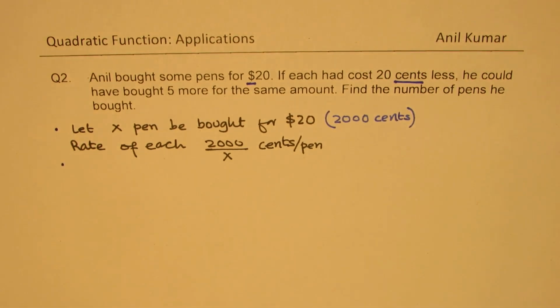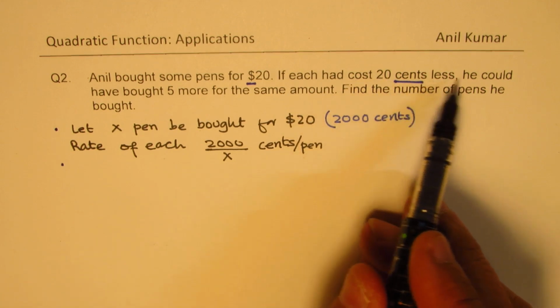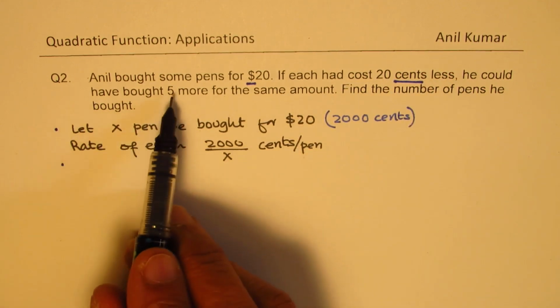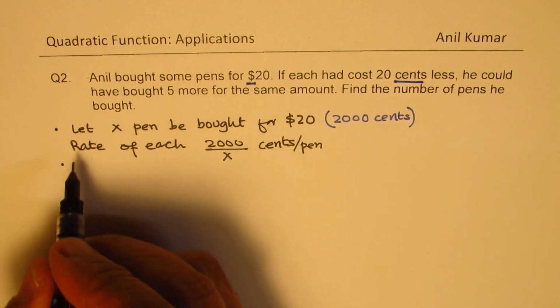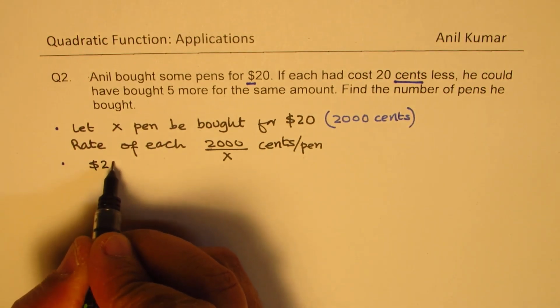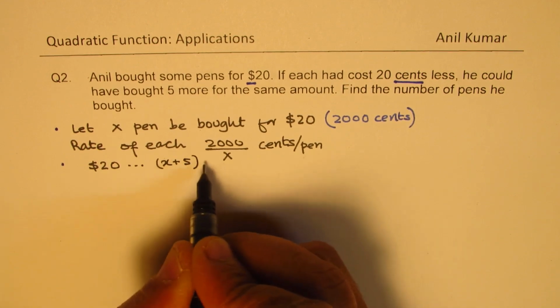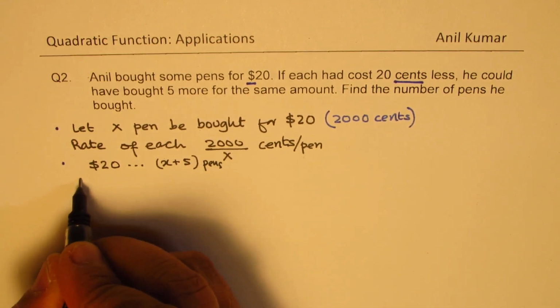Now we are saying that if each had cost 20 cents less, so the difference is 20 cents, he could have bought 5 more for the same amount. So he's still paying $20, but we have x plus 5 pens, correct? That is what the situation is. So in this case, what is the rate?